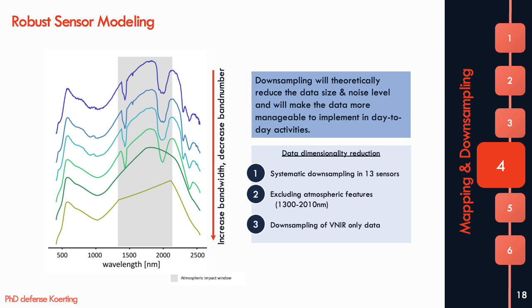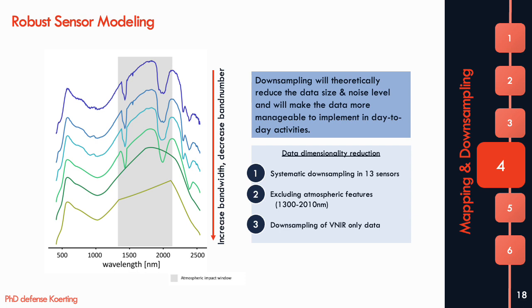So I went through my data dimensionality reduction in 3 different steps. I did a systematic downsampling into 13 different sensors with bandwidths ranging from 1 nanometer to 100 nanometers. I did an exclusion of the atmospheric features in a very broad range of 1,300 to 2,010 nanometers, because here the spectrum is impacted by the atmospheric absorption features.